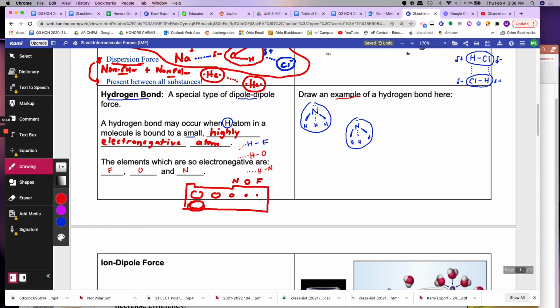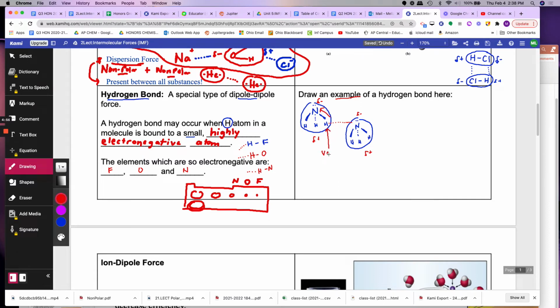So here we have nitrogen as very electronegative, which makes this partially negative and a partial positive here, partial negative here, and a partial positive here. Because this is partially negative, the H can form a hydrogen bond with the N. The reason this happens is because the nitrogen here is so electronegative that it pulls electrons away from the H. As a result, the H becomes very positive and very small.